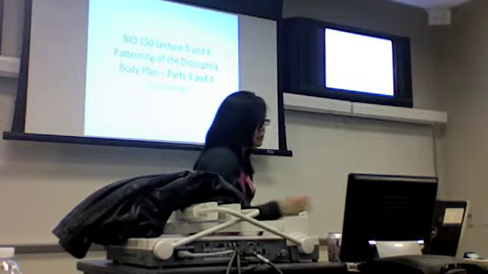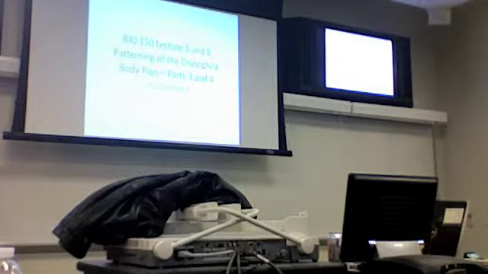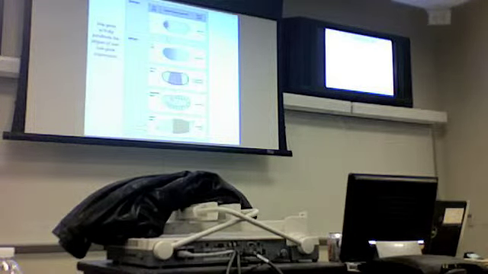So now we're going to move on to the last 2 sections to pattern the body plan. We've talked about maternal genes and we've talked about gap genes. This is the hierarchy of the zygotic genes that are important for patterning the Drosophila body plan.